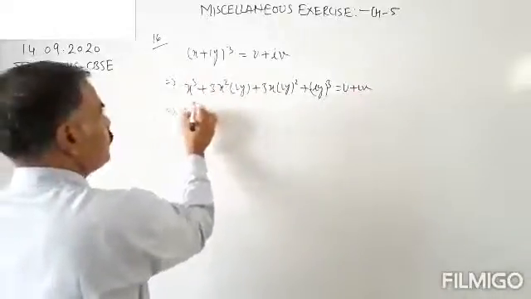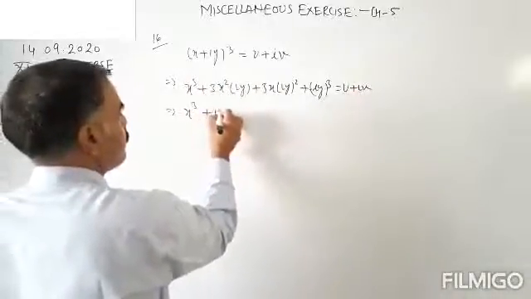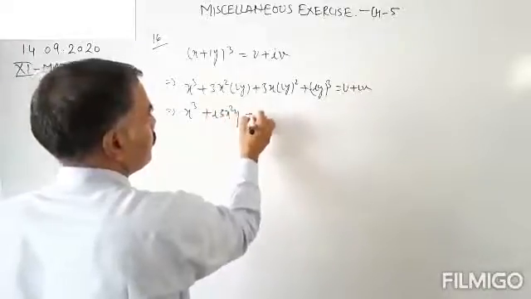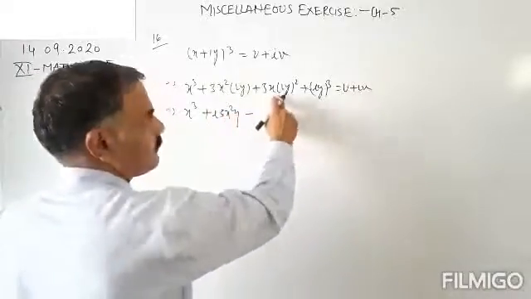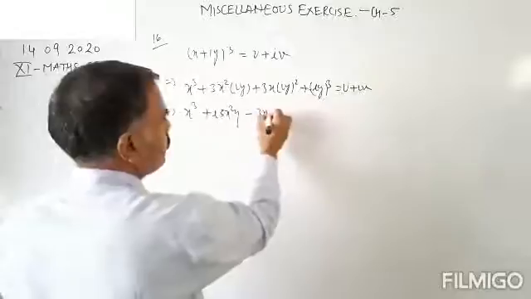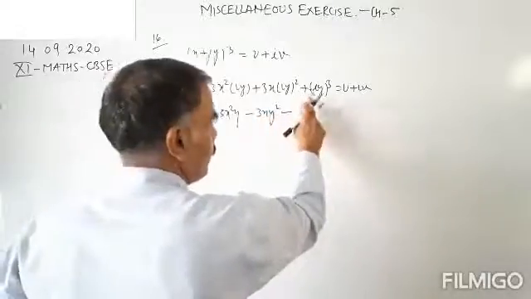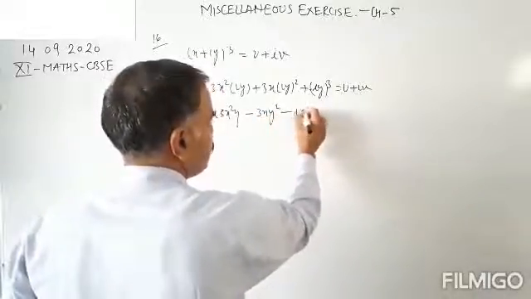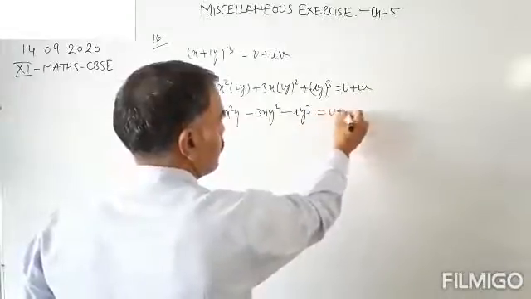So x cube plus 3x square y iota plus 3x y square iota square plus iota cube y cube is equal to u plus iota v.